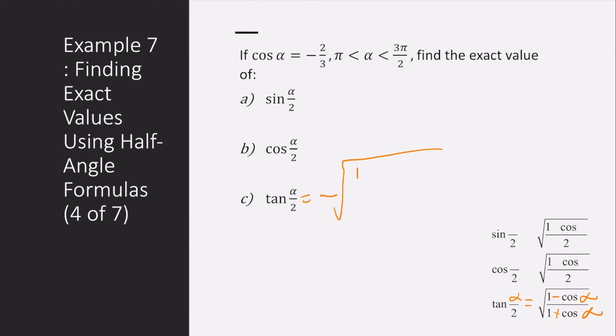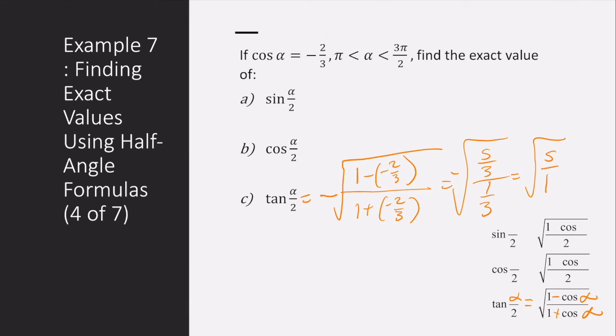So I have the square root of 1 minus a negative 2/3 over 1 plus a negative 2/3. So I get the square root of 5/3 divided by 1/3. And it's negative. Don't forget it's negative. That means the square root of 5 over 1, which is just the square root of 5. The negative square root of 5 is our final answer for tangent of alpha over 2.